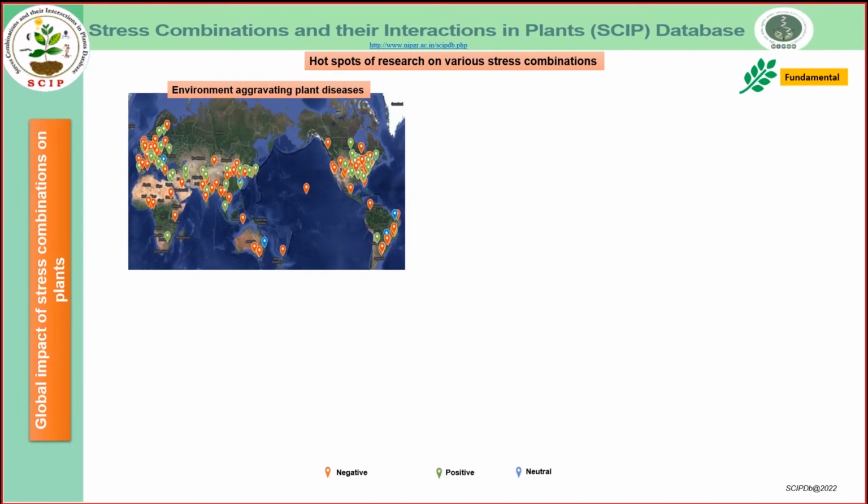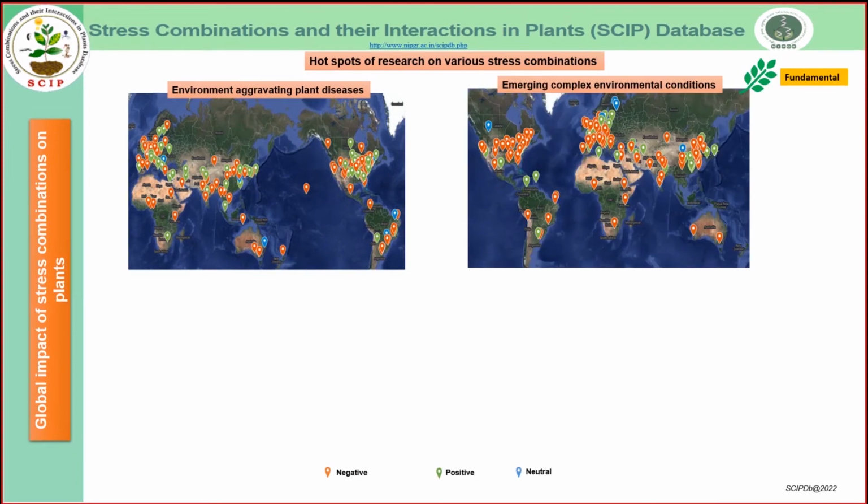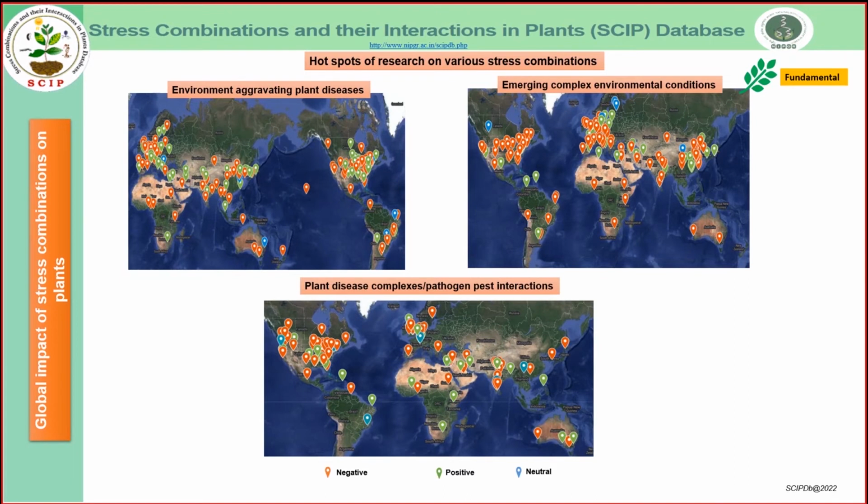Also, the SCIP database highlights the places where complex environmental conditions are posing a threat to agriculture. Moreover, the SCIP database also gives indirect evidence on the prevailing and the emerging disease complexes negatively affecting the plants at various places around the globe.